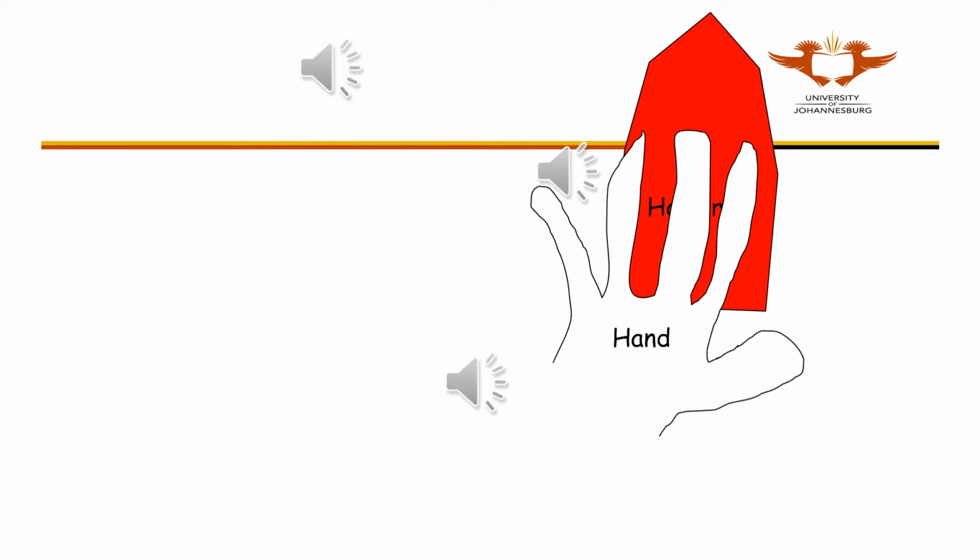Your nerves sense the heat and transmit pain signals to your brain. Heat is therefore conducted deep into the flesh of your hand.